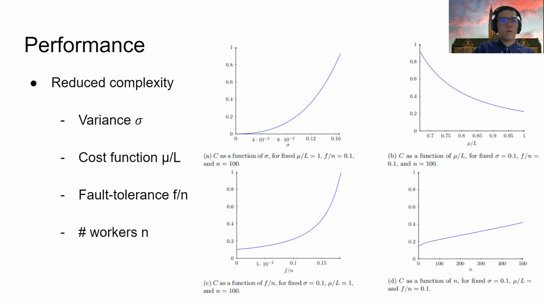Finally, we plot the upper bound of the reduced complexity against the number of workers n. As the graph shows, the complexity increases linearly with n, and the slope is relatively small. Therefore, we can conclude that n is not a significant factor of the complexity.